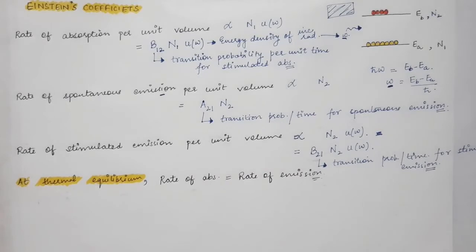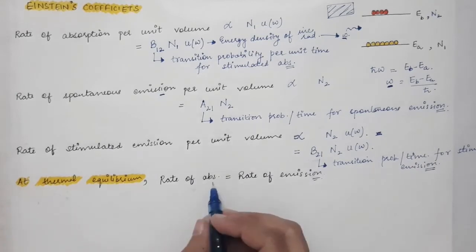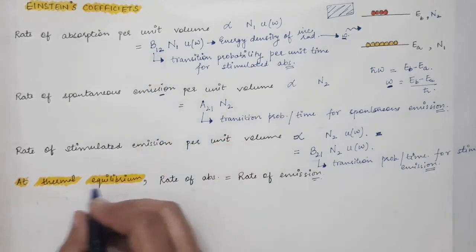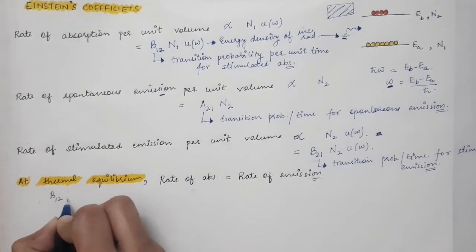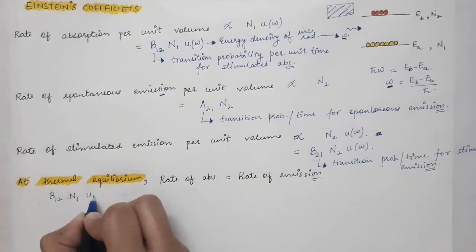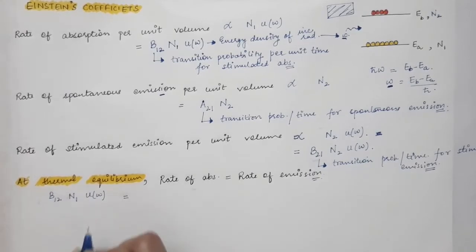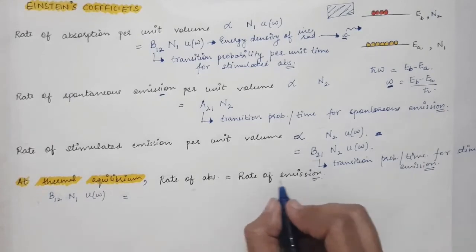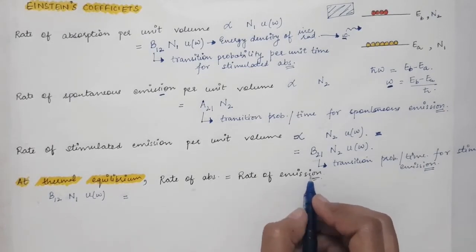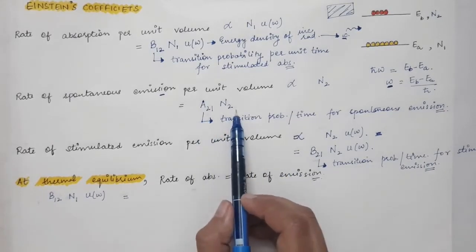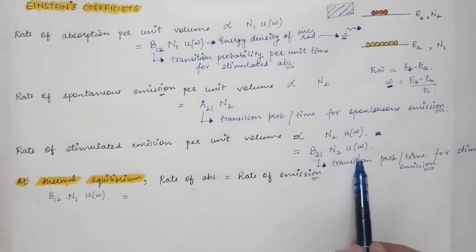Or you can say the rate of absorption per unit volume should be equal to the rate of emission per unit volume. So what is the rate of absorption? That is equal to B12 N1 U of omega. This is the rate of absorption per unit volume. Then the rate of emission comprises two rates: one is spontaneous emission and the other is stimulated emission.